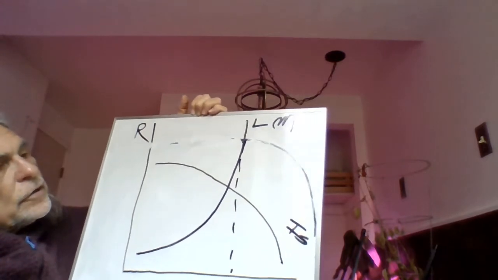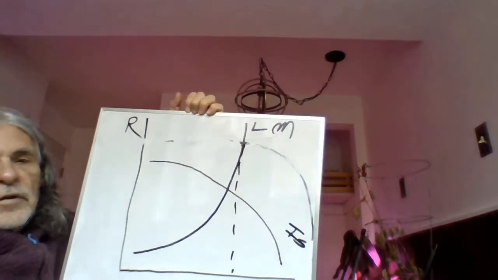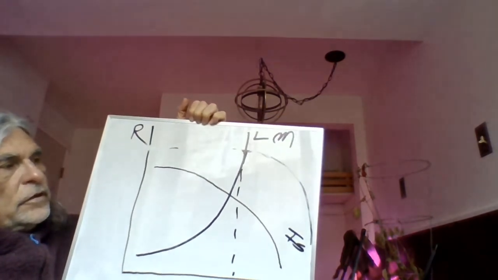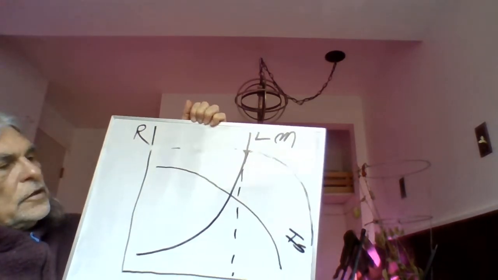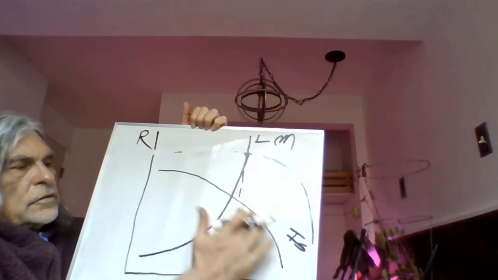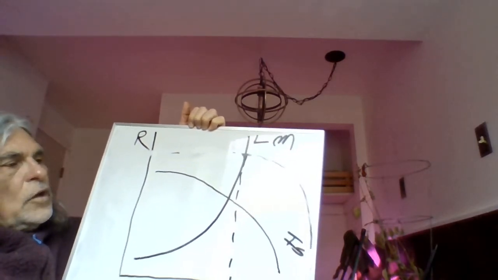The LM curve is also in a medium range there. Not near vertical, not nearly flat. So the Keynesians could explain these circumstances, okay?